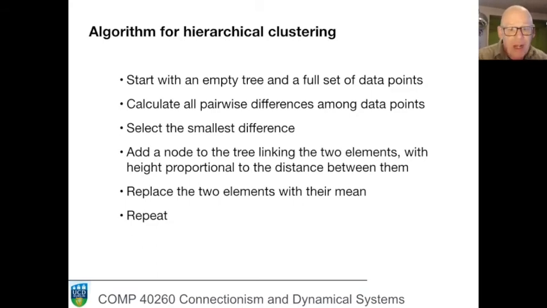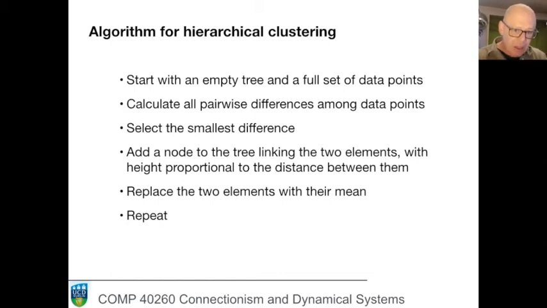And it's a very simple algorithm. Supposing we have a set of data points and we wish to understand their similarity relations. What we're going to do is incrementally build a tree that represents these. And the algorithm is going to look like this. We start with an empty tree and a full set of data points.